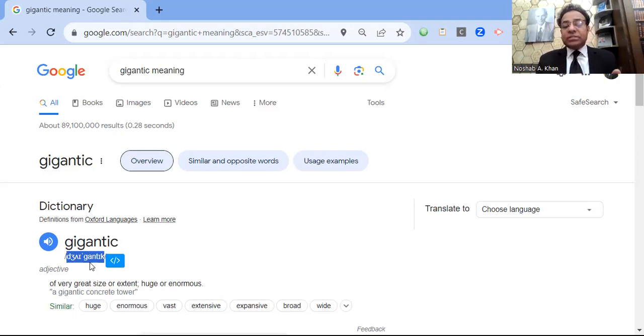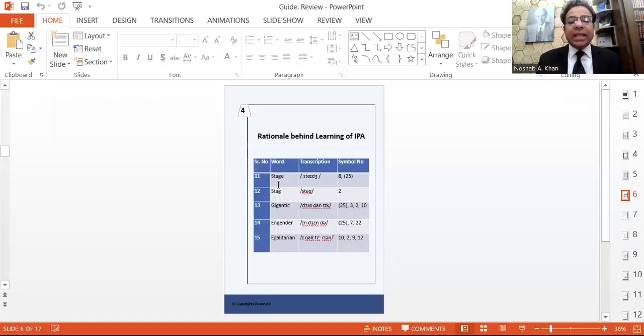And if you assimilate this with the guide where I have provided this example, the very letter number 7 of the English alphabet, which falls in stag, stage, also falls in gigantic, but in one syllable the letter number 7, G, is pronounced like J, but in the second syllable, it is pronounced like G.